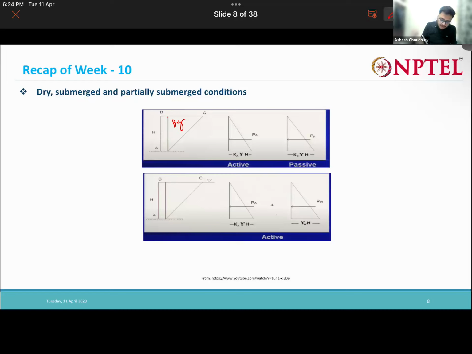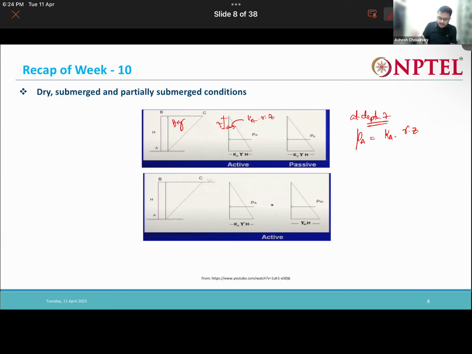At any point, say at depth Z, my PA will be small p, PA will be Ka into gamma into Z. So at the bottom, this value is Ka into gamma into the height.